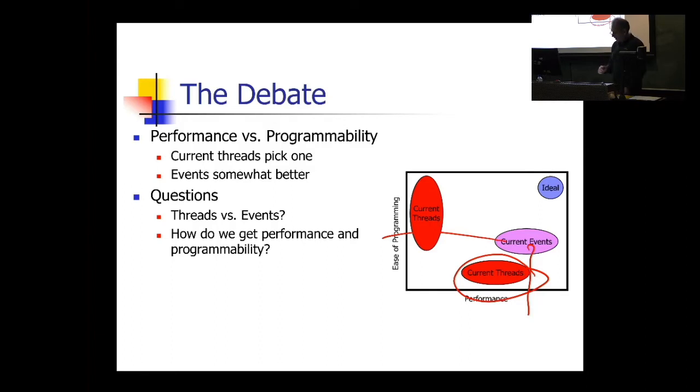So the question is, how do we get both performance and programmability even better than these two options? And the other question that pops in here is, are events fundamentally better than threads? Because it appears so at this particular point.